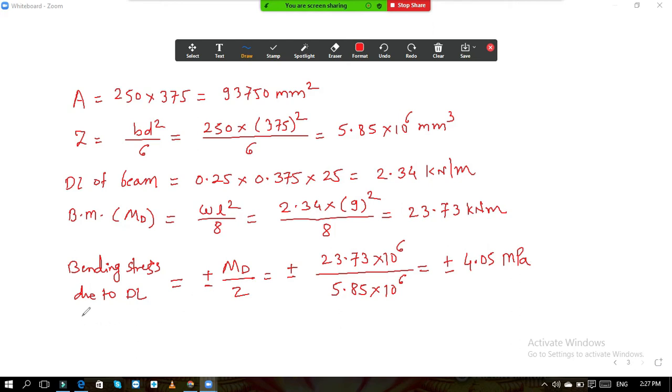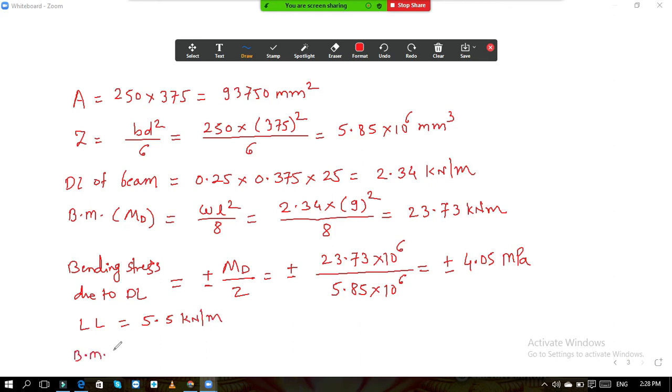Similarly, we will calculate the live load and bending stress due to live load. Live load is given to us as 5.5 kilonewton per meter.